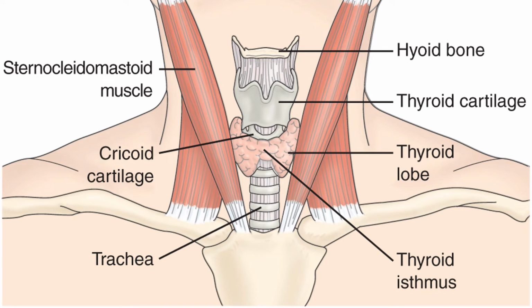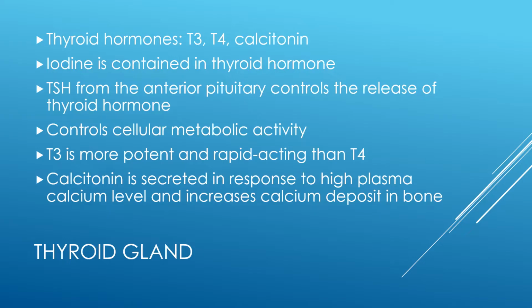So this is a PowerPoint regarding thyroid cancer and the surgery to remove the thyroid. Some of the normal thyroid labs that we monitor to detect hypo or hyperthyroidism, or if we suspect parathyroid disorders, are T3, T4, and calcitonin.